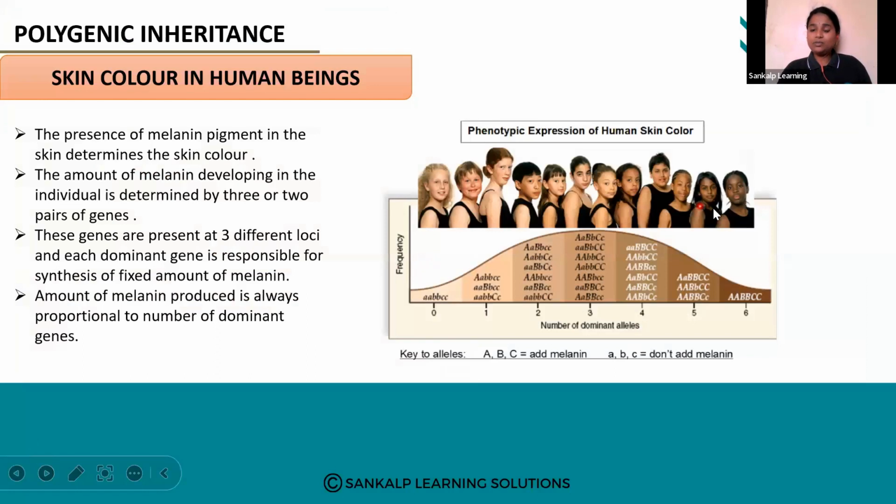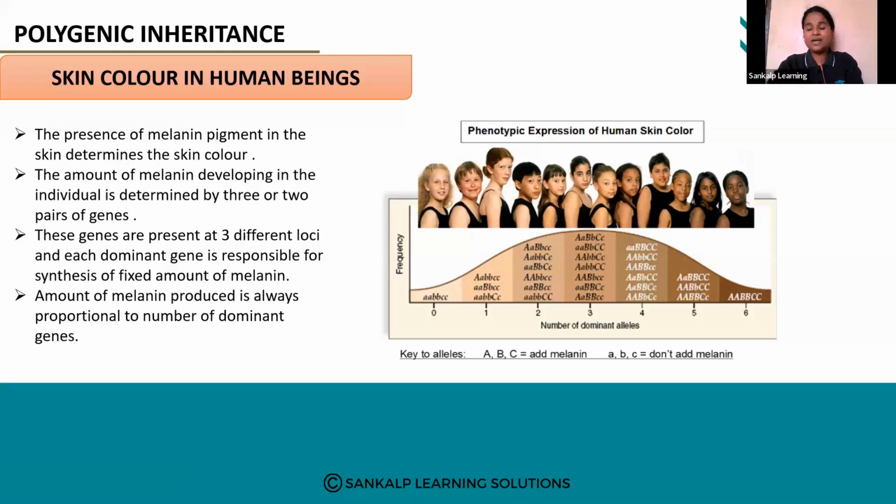Then one more example we have in polygenic inheritance itself. That is skin color in human beings. With skin color, it is not a matter of one being white and the other very dark; we can see a variety of skin colors in human beings. See here, the presence of melanin pigment in the skin determines the skin color, that is, how much melanin is present in our skin.